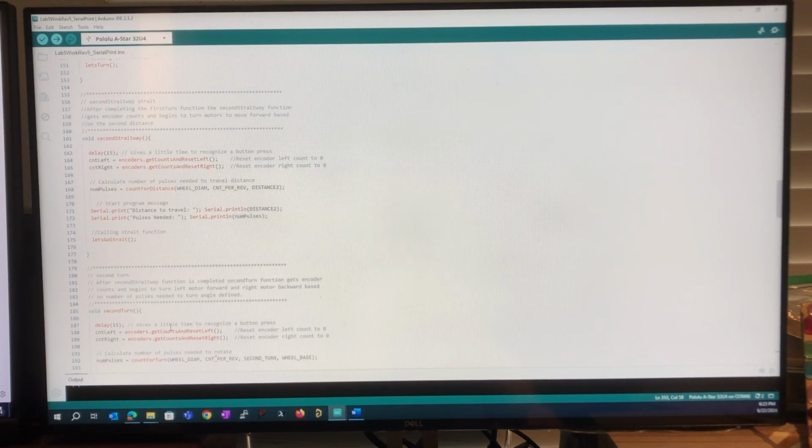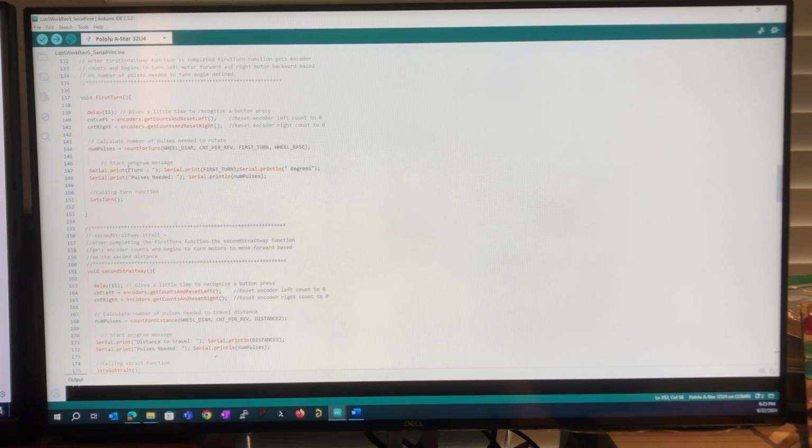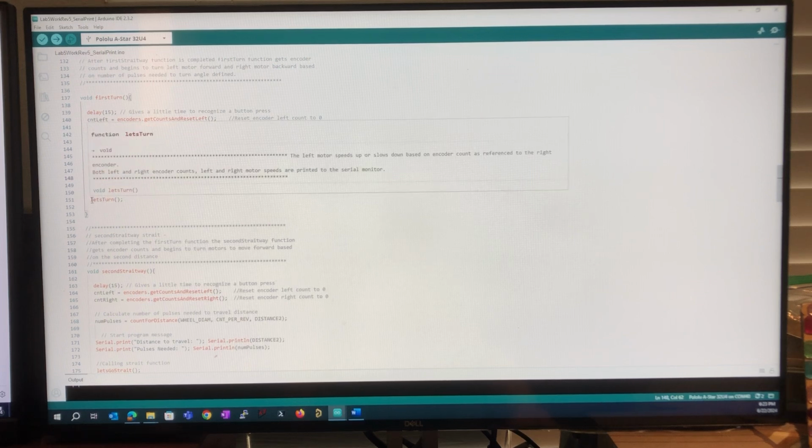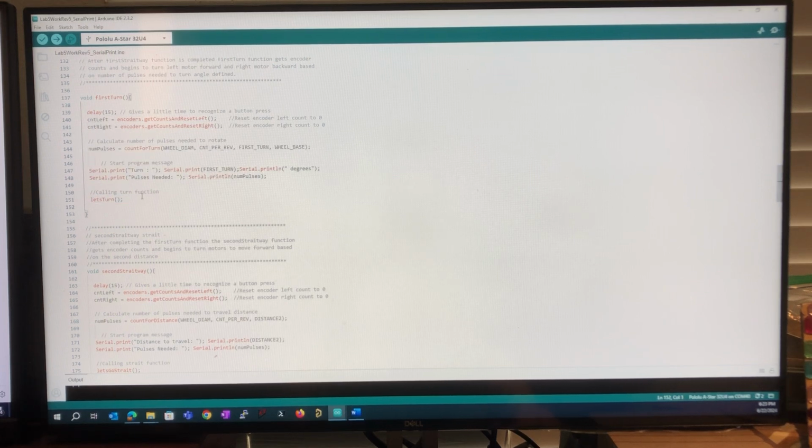Once I get the number of pulses that I need to go that angle, I will print all that, the turn and the degrees, and then we'll go into our let's turn function. This let's turn function is the same one used for the second turn and third turn.